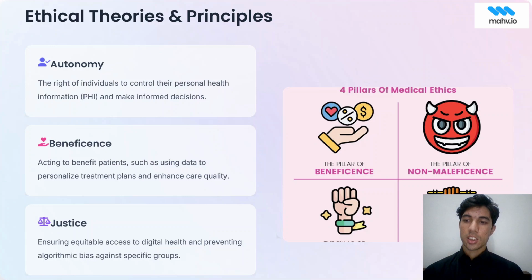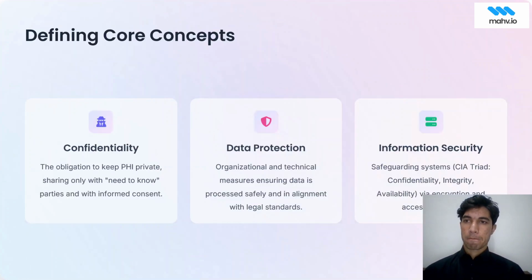Then there is justice, to ensure equitable access to digital health and prevent algorithms from being skewed, because as we know, algorithms can very easily be skewed when they are fed with biased data. So justice is also one of the three pillars.